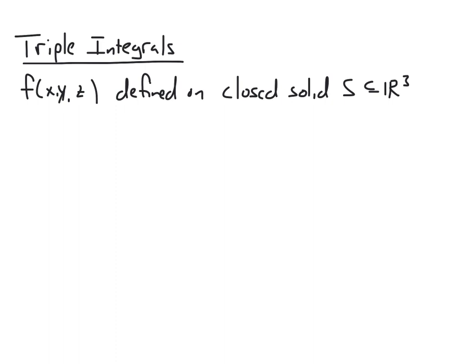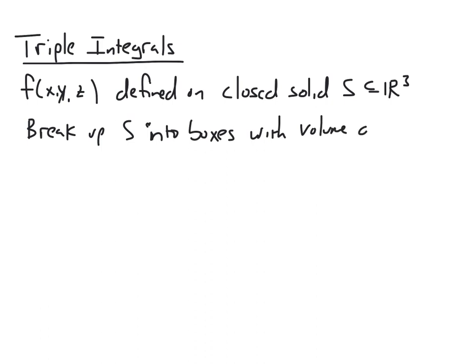We're going to do the same sort of process that we did for the other types of integrals. We either broke up the interval into subintervals, or we broke up the region into rectangular regions. In this case, we're going to break up S into rectangular boxes with volume dV. We're going to choose a point in each of these boxes.